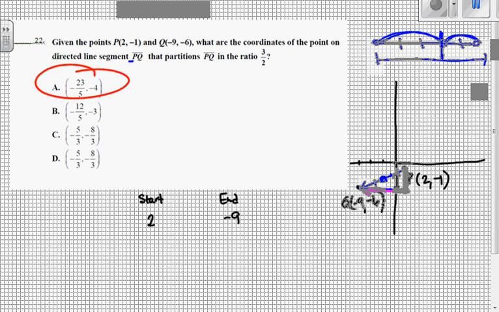If you start at 2 on the number line and end at -9, you went back 11. Okay? Remember that you are doing 3/5 of the distance, so 3/5 of this distance would be -33/5 from your starting point, which is 2. So you start at 2, and then you go back 33/5. 2 is still 10/5, which is negative 23 fifths.